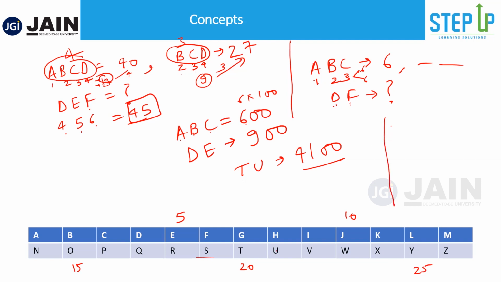Sometimes what they also do is give you some symbols. They say ABC is actually dollar, percentage and question mark. And they say ADF is actually percentage, star and a triangle.